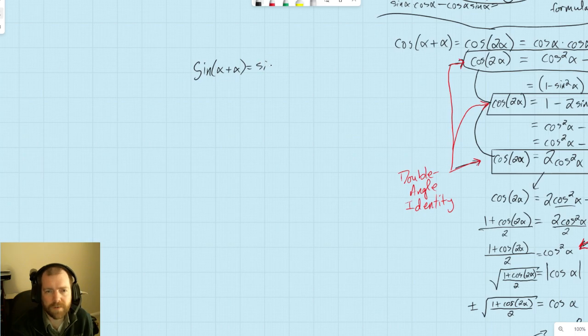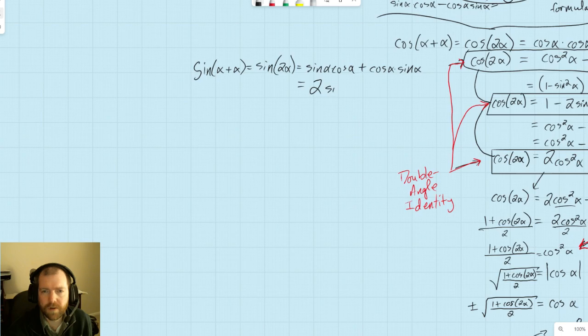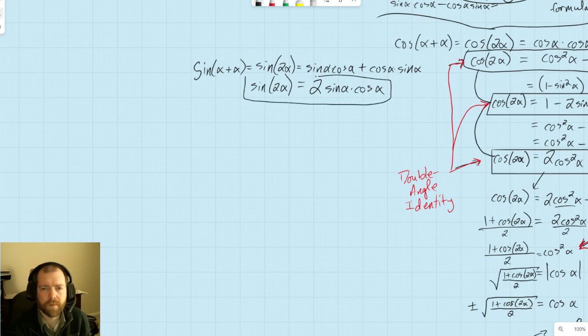You end up with the sine of 2 alpha, which is sine alpha cosine alpha plus cosine alpha sine alpha, which again, we can just commute these two things, trade them around, and then we end up with 2 sine alpha cosine alpha. And that's it. There's no other hidden formulas here. That's just it.